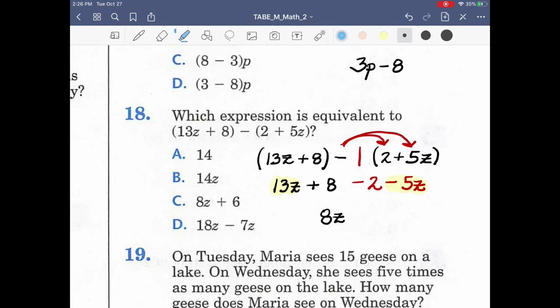And then we need to say positive 8 minus 2. That's going to give me a positive 6. And then I can't mix a z and a 6. That's a variable and a constant term. We can't combine those. So that is the simplified answer.